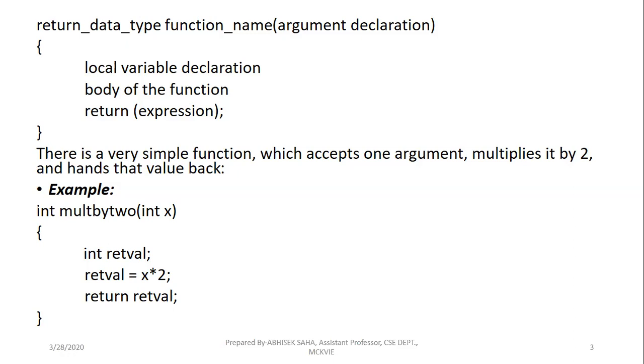So now try to understand the meaning of this return data type. If the called function returns any value to the caller, meaning the calling function, then that return value must have some data type, and that data type is called the return data type. I will give you an example just after this slide.